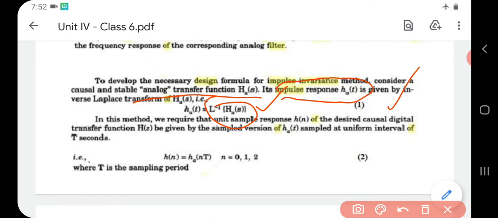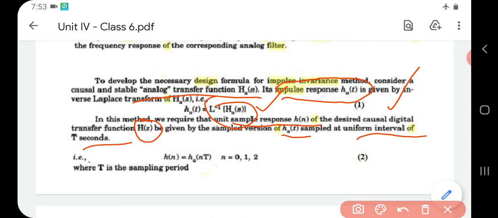Now in this method we require the unit sample response, represented as h(n), of the desired causal digital transfer function H(z). H(z) is the transfer function of the digital filter. It is given by the sampled version of h_a(t), sampled at uniform time interval T seconds.